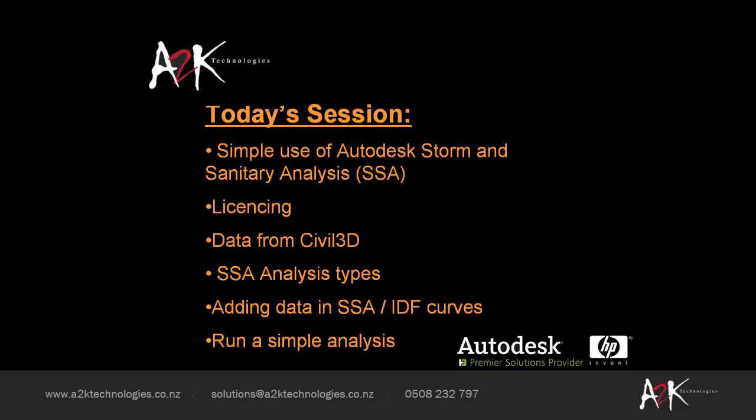And then we're going to have a look at adding the data required to do a stormwater analysis, and things like IDF curves, in relation to the simple pipe structure that we'll have from Civil 3D. Run a simple analysis, have a look at some of the output, and then transfer it back into Civil 3D again at the end. All right, so that's the basic plan.